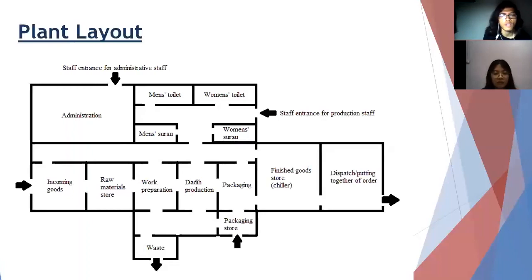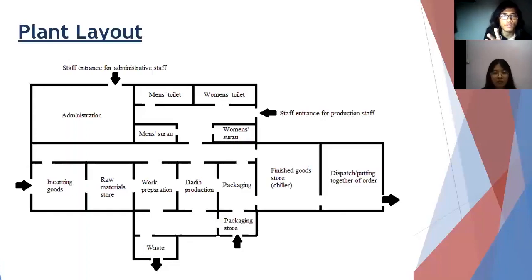Actually, this is not a good practice. But in order to control the cross contamination of the dade, the company should have a good cleaning and maintenance schedule. But I think the rest are okay.